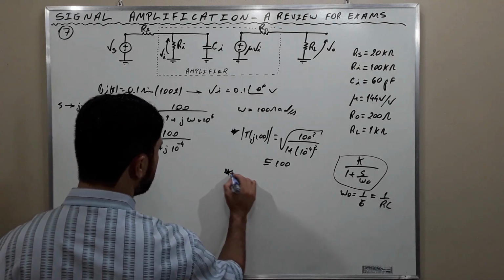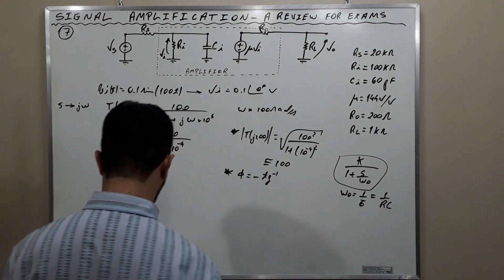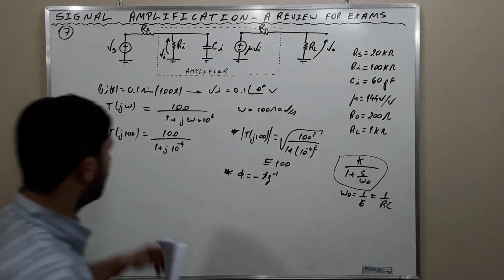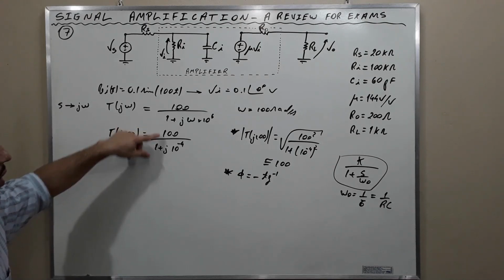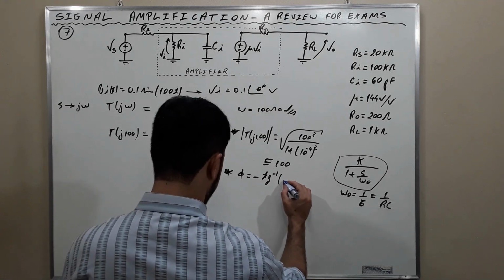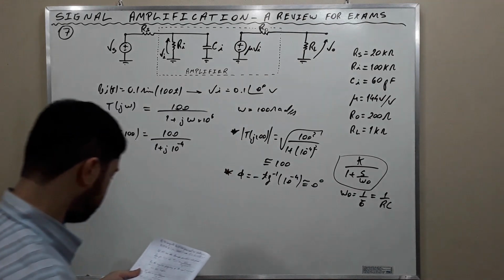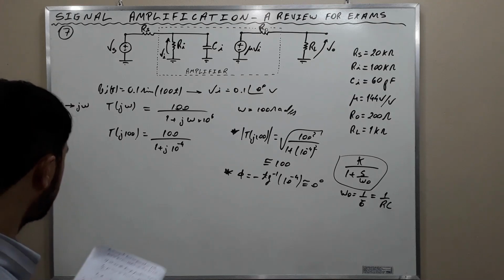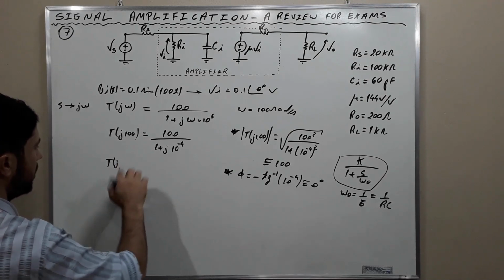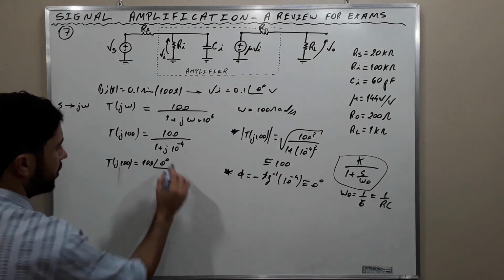Now the angle is equal to the negative of the inverse tangent of this over this, because the angle of the numerator is 0 and the angle of the denominator is the inverse tangent of 10 to the negative 4, which is approximately 0 degrees. Consequently, T of jW, where W is 100, can be written as 100 phase 0 degrees.